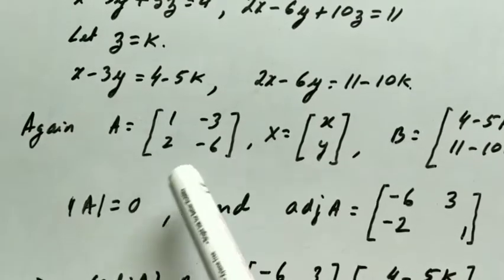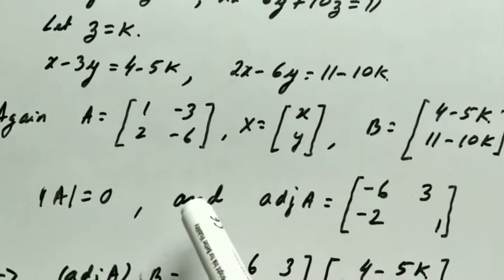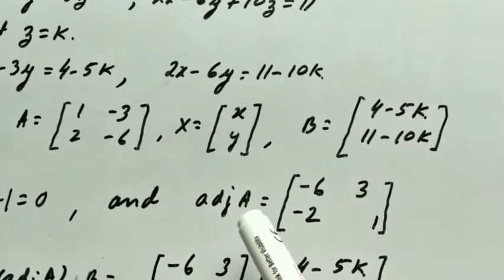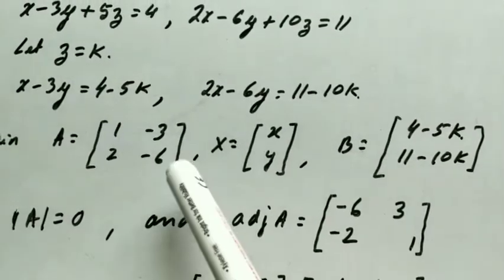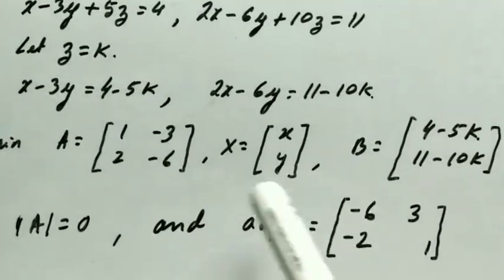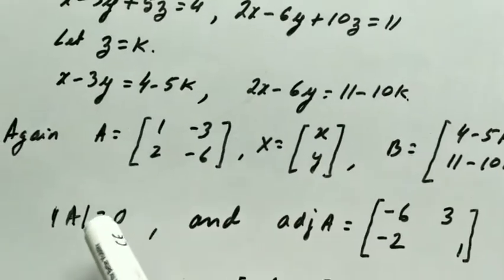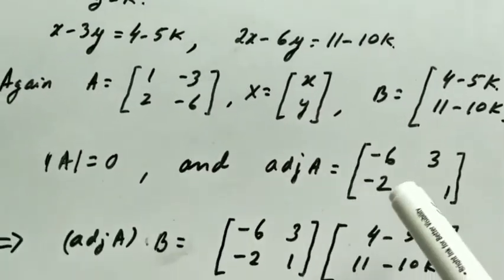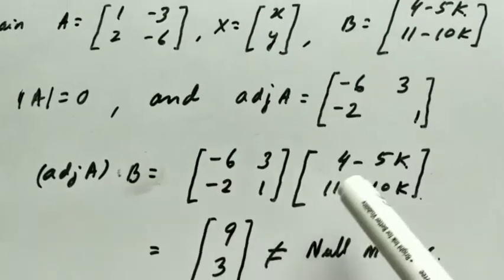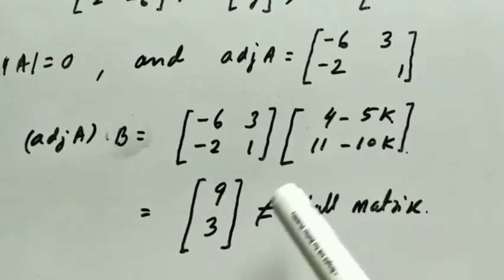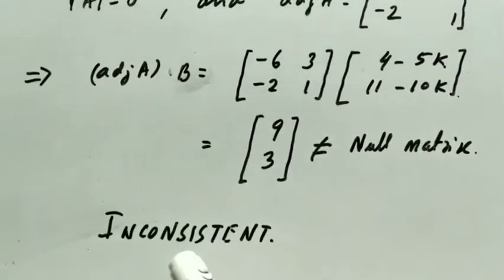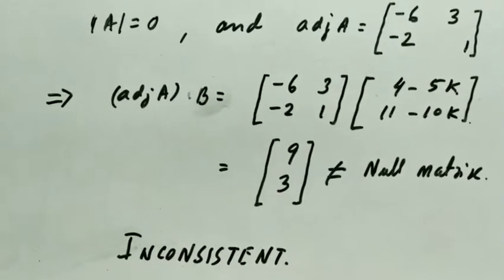Determinant of A is minus 6 plus 6, which is 0. Adjoint of A: interchange, minus 6 will go here and sign change here. By property also you can write this as 0. Adjoint of A into B is this. It is not a null matrix, that means it is inconsistent and it has no solution.